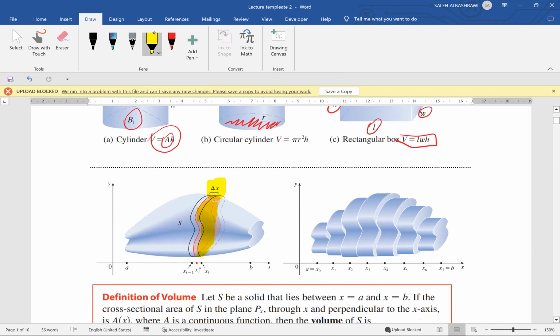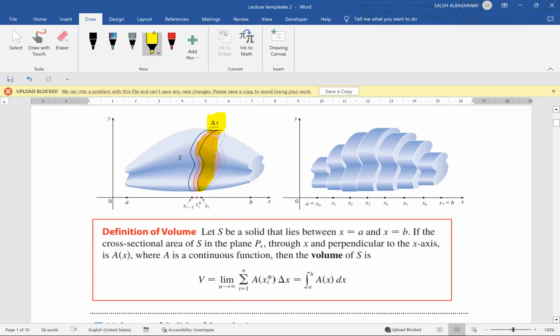Or, to make it formal, we say: let S be a solid that lies between x equal to A and x equal to B. If the cross-sectional area of S in the plane through x and perpendicular to the x-axis is A of x, so this is the area of the cross section.